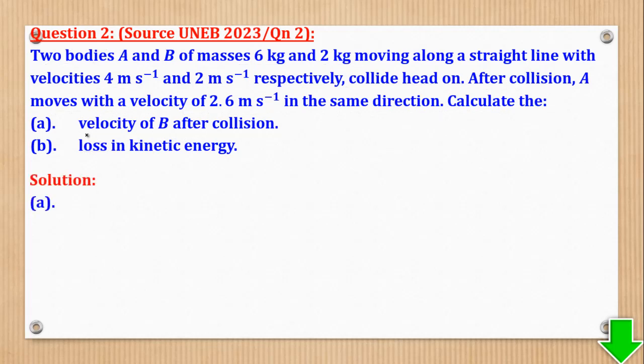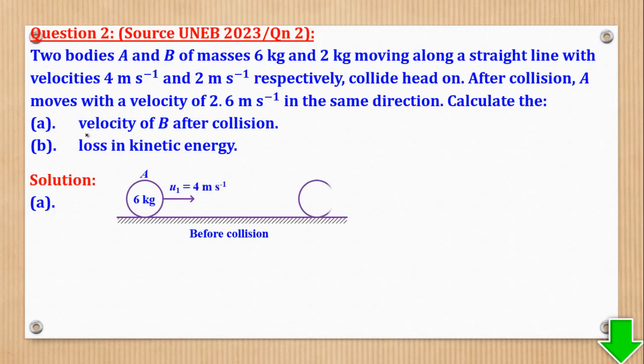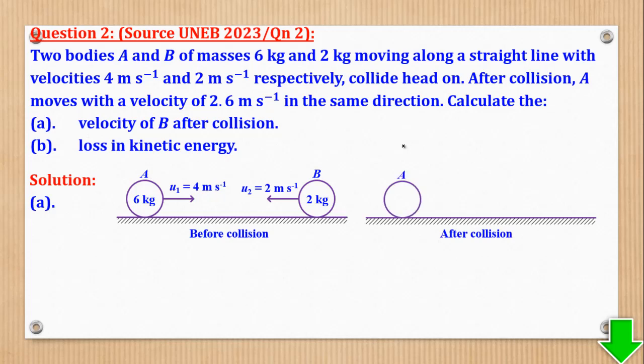So we shall first illustrate before collision, they said head-on, meaning they're moving towards each other. Then after collision, they told us that A moves in the same direction, meaning it moves this side, this direction.